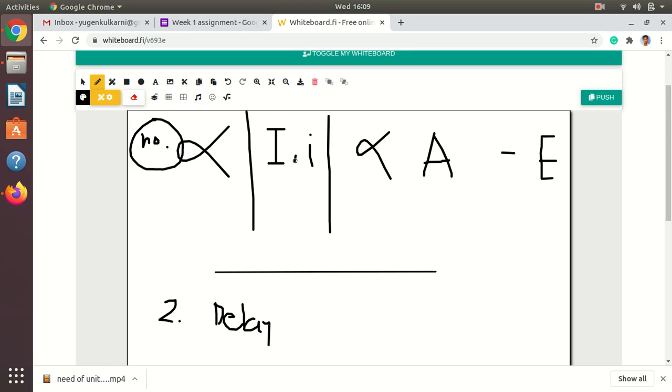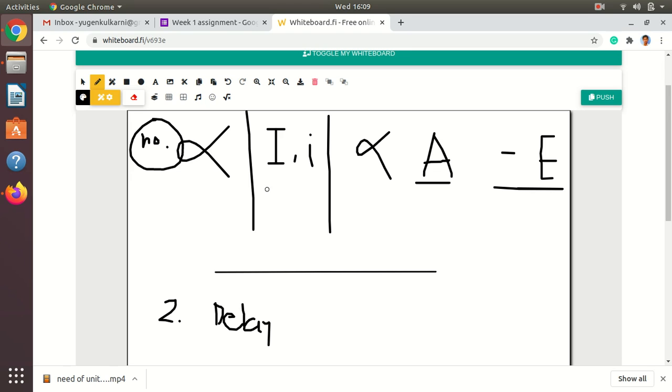This is particle nature. But in case of wave nature, we relate the intensity to the amplitude of the wave, and this intensity is related to the energy of the wave. But what was observed in the photoelectric effect?